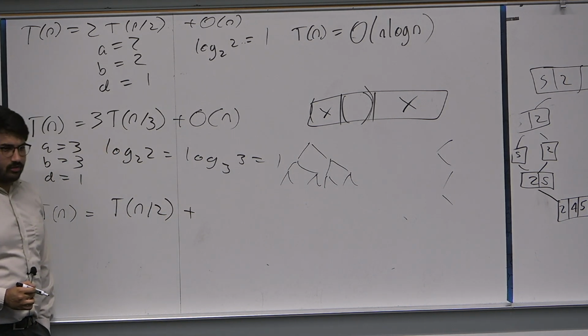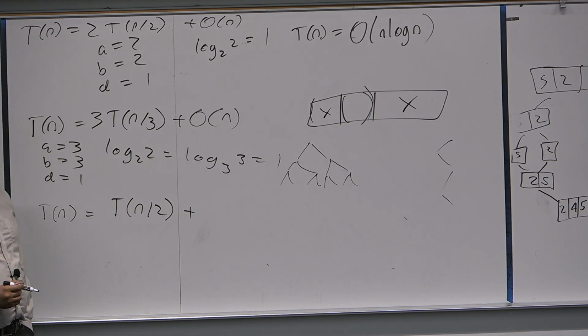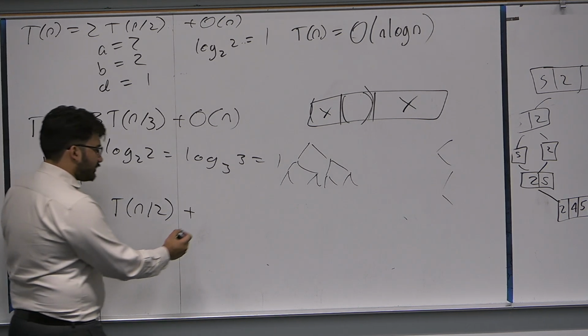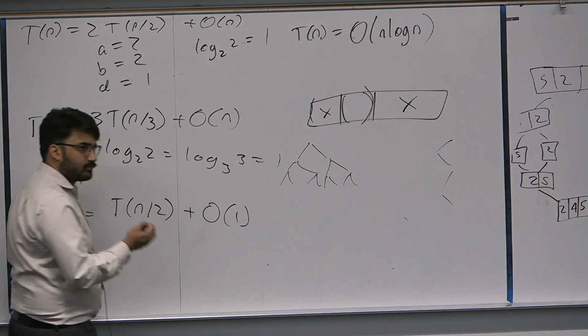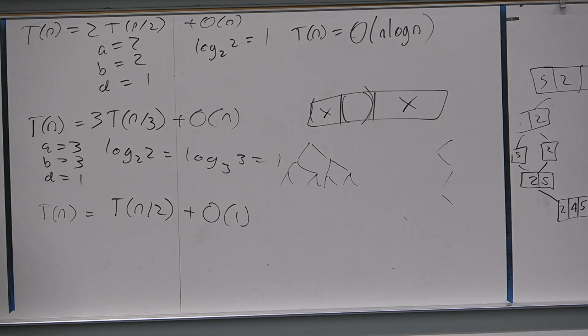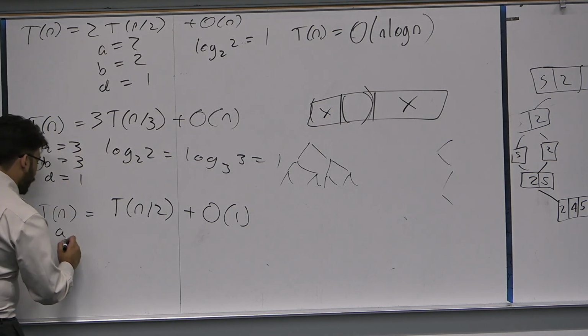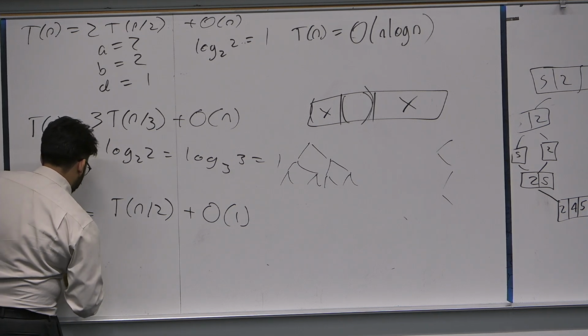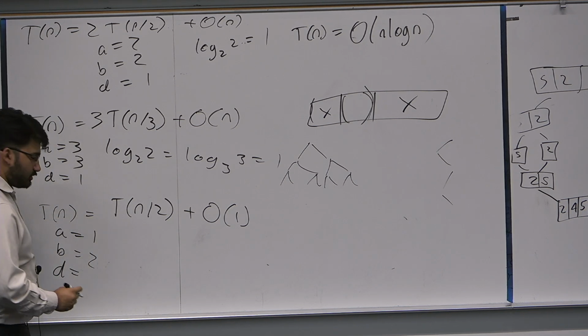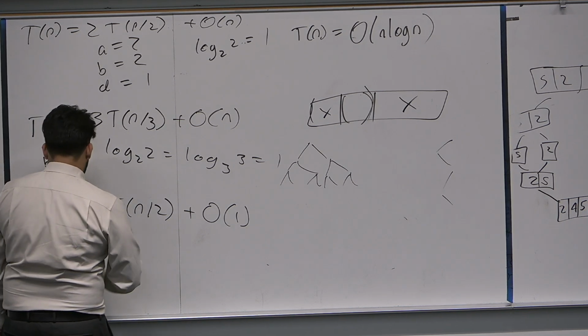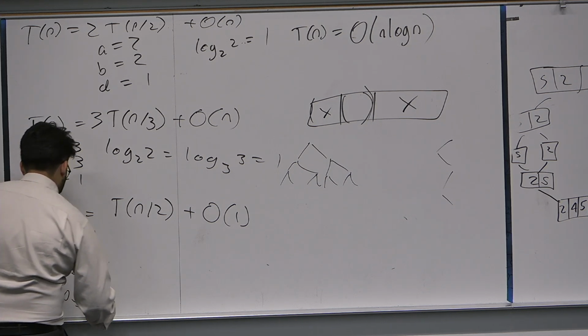What's the work done at each level? It's a constant, but why? It's a single comparison, so we say it's O(1). Now, A is equal to 1, B is equal to 2. What is D equal to? Yes. Why? n to the 0 is equal to 1.